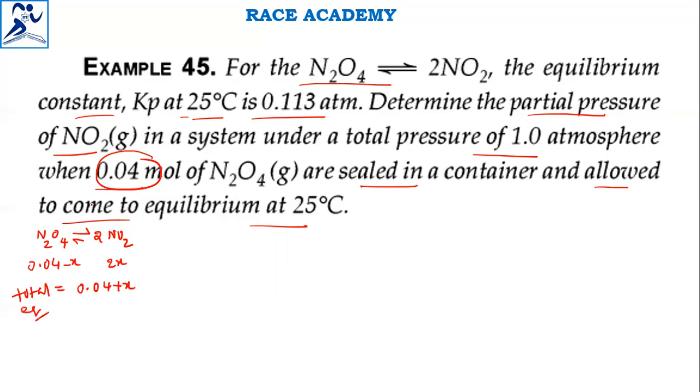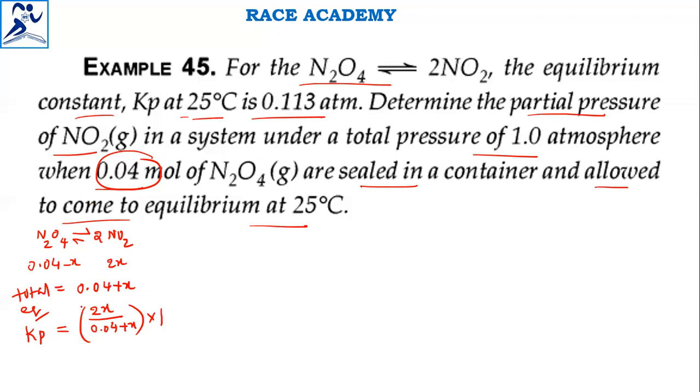Now for the N2O4 equation, what is Kp? The Kp value they have already given. That is equal to the partial pressure of NO2 to the power 2, that is 2x by 0.04 plus x into the total pressure. The total pressure given in the problem is 1 only.